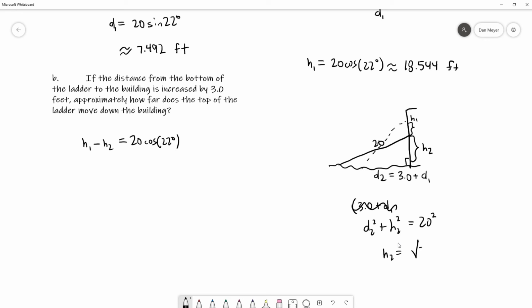Height 2 would be the square root of 20 squared minus that D2 length squared. The D2 length squared: 20 squared, minus (3 plus the first length).